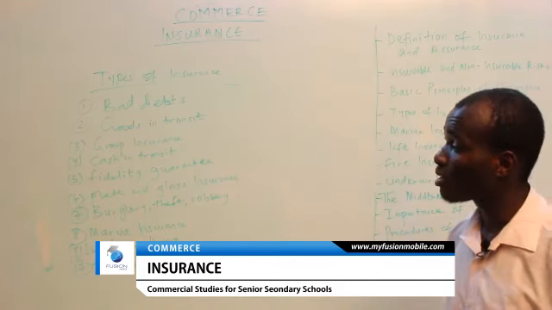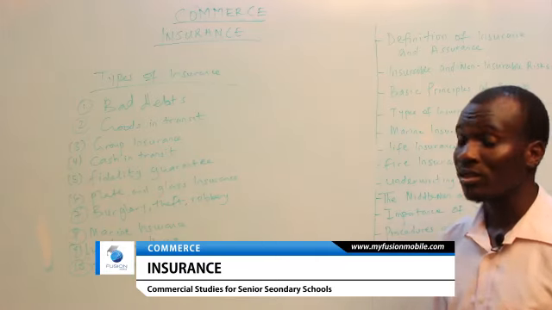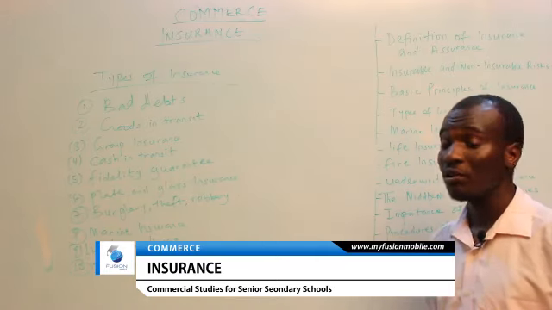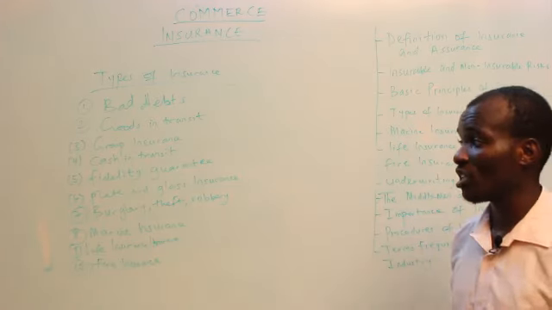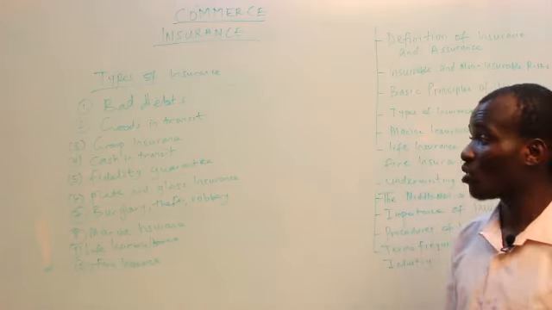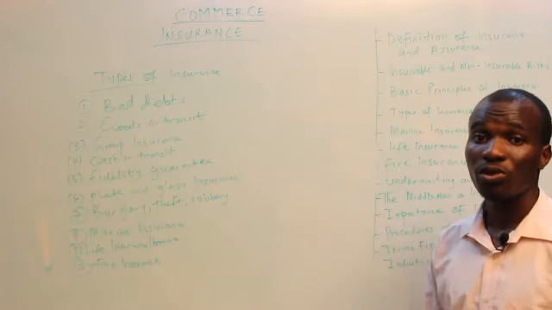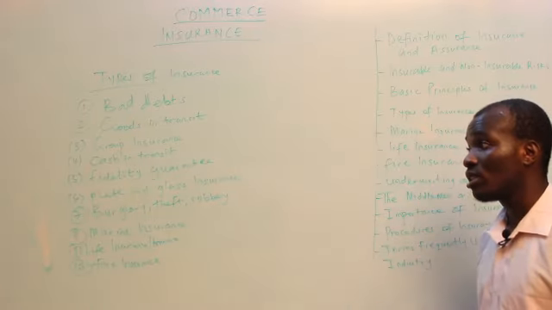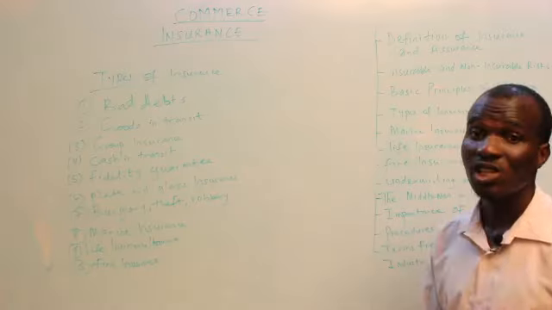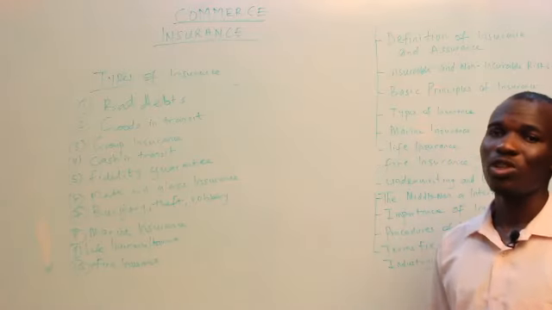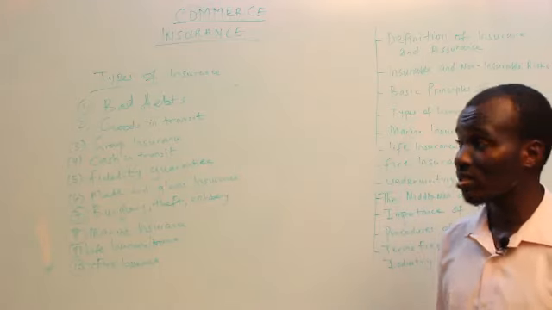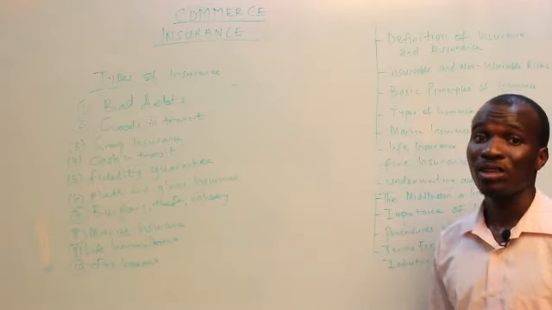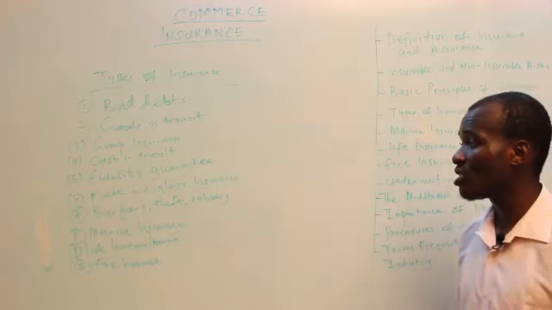Whenever such an employee fails the organization, what happens? Because of the trust placed upon such an employee, fidelity guarantee insurance will make provision for the losses that arise as a result of the dishonesty of that employee or staff.